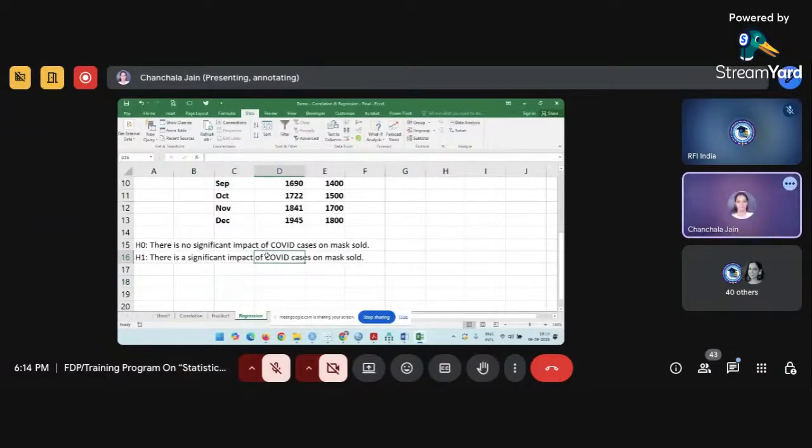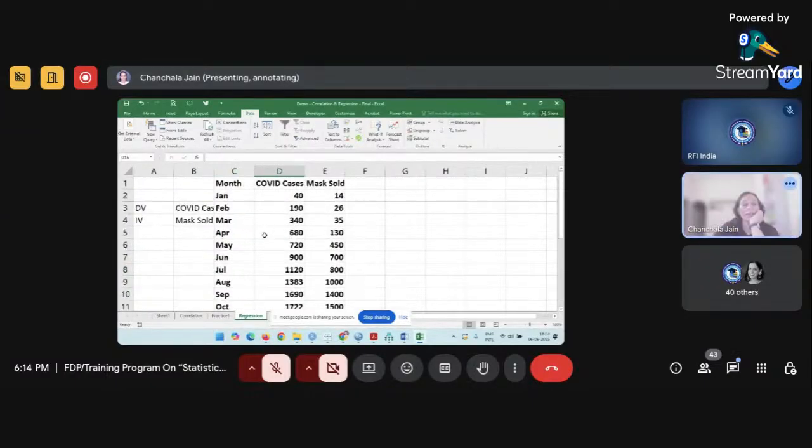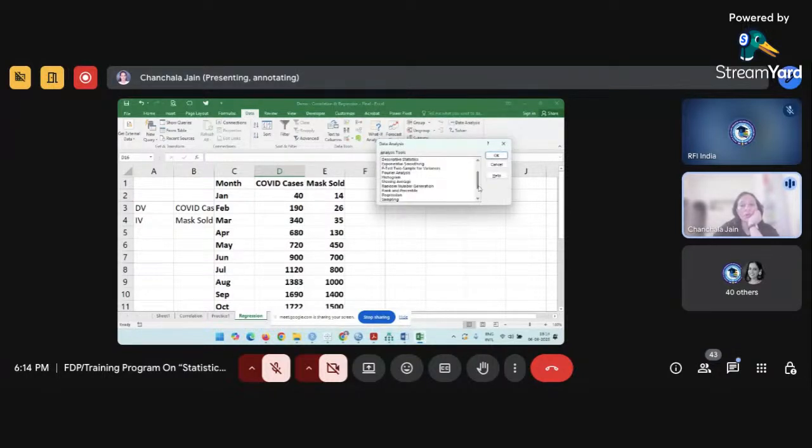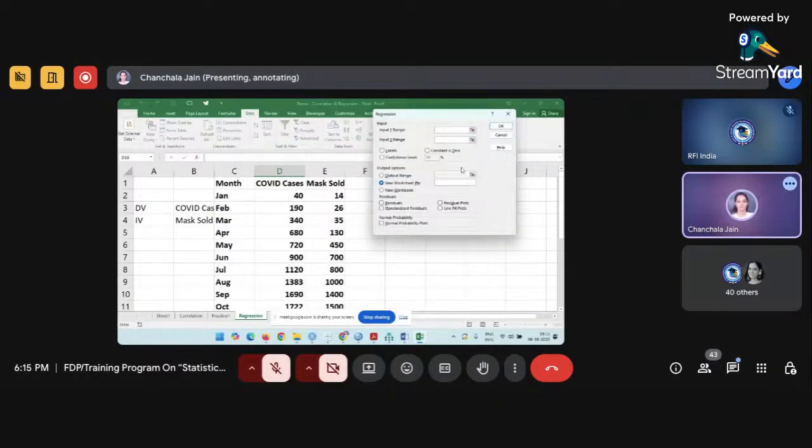Now, after getting the clarity, we will go to the data tab, then the data analysis toolpak, and going down, we need to select regression. I hope everyone has located this. Click on OK. It is asking clearly your input Y range and your input X range. So Y is the dependent variable, X is the independent variable, right?